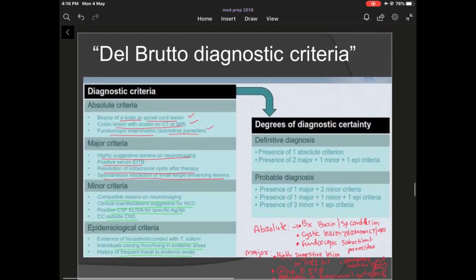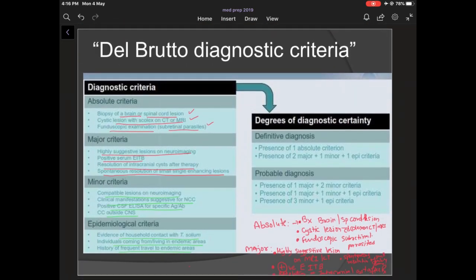Now let's talk about the diagnostic criteria. In neurocysticercosis, we use the Del Brutto diagnostic criteria. We have 4 basic considerations in the criteria: one is absolute criteria, one is major criteria, then we have minor criteria, then we have epidemiological criteria. For the absolute criteria, we have 3 things.